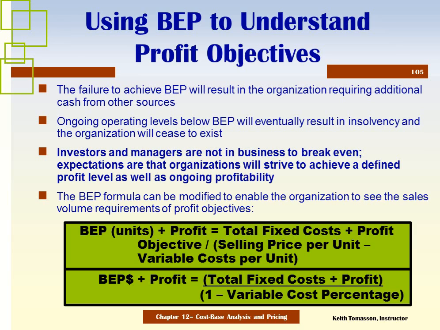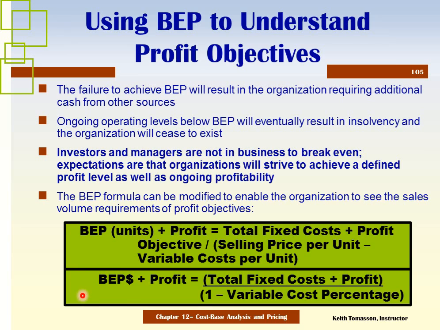So here we can take a look at our formula and modify it a little bit to include the break-even point plus our profit objective in terms of the dollars equals our total fixed cost plus the profit objective as our numerator, and divide by the same denominator, which is our selling price per unit less the variable cost per unit, or our unit contribution. So we can calculate not just the break-even point, but the break-even point plus our profit objective, which might be more relevant to many businesses.